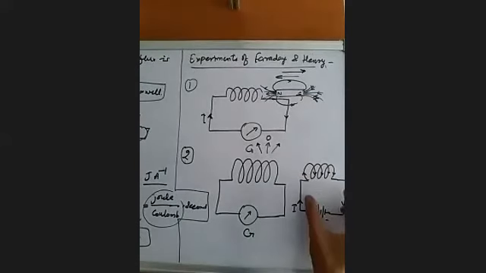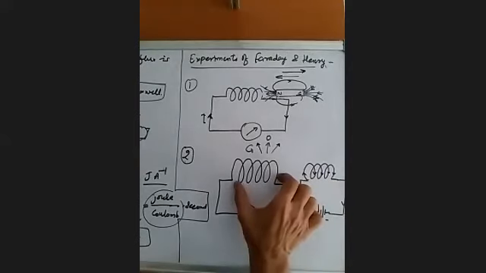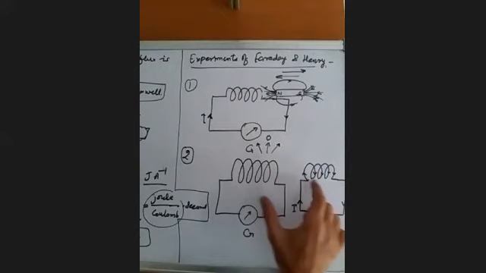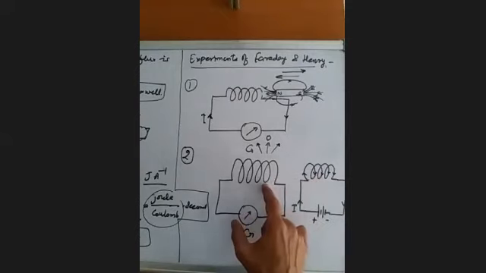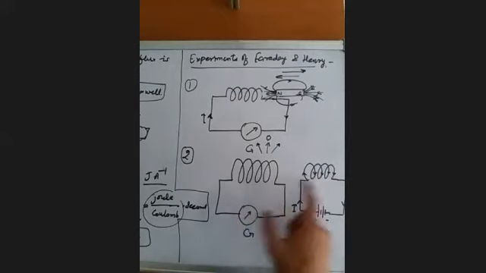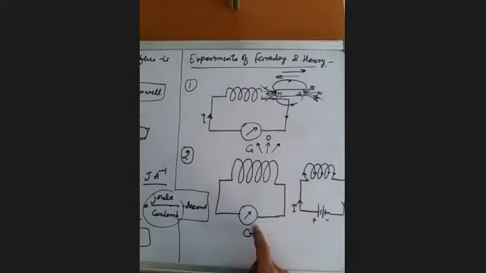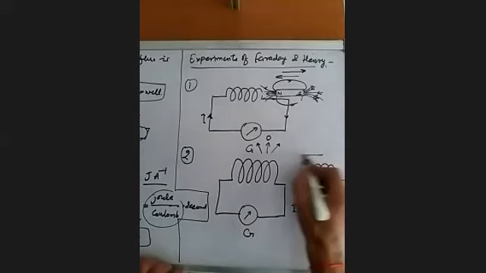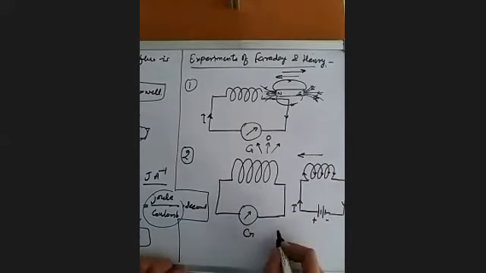Now when this whole setup, this circuit, is being brought close to this circuit, the magnetic field linked with this coil changes while it is being brought close to it or taken away from it. At that point of time, we see a deflection in the galvanometer. Initially it is zero.